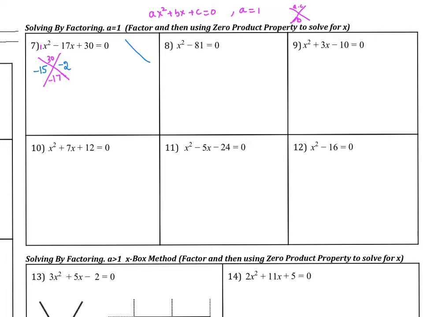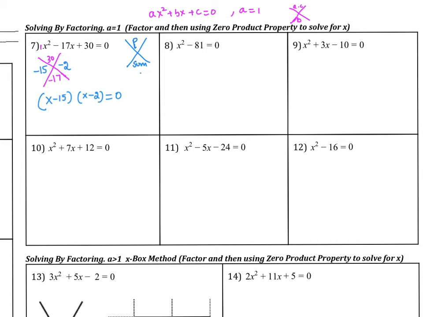Again, we're looking for the numbers where the product goes on the top and the sum goes on the bottom. When I multiply, I get the product on the top. When I add them, I get the sum on the bottom. And the two factors are x minus 15 and x minus 2.